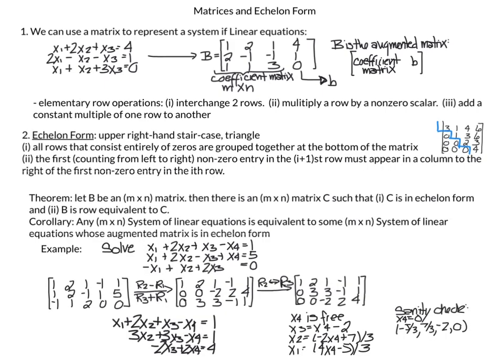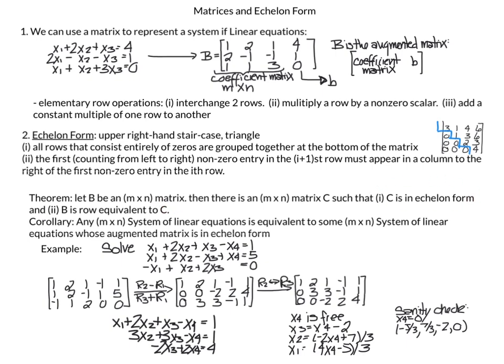So what we looked at is using a matrix to represent a system of linear equations, to use the elementary row operations to get this upper triangular form or staircase form, the echelon form of a matrix. And then we had this theorem that any matrix B can be converted through elementary row operations to a matrix C that is in echelon form.